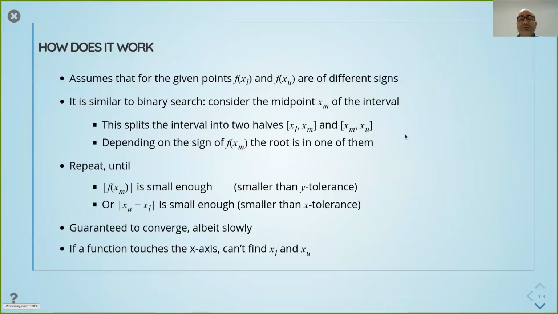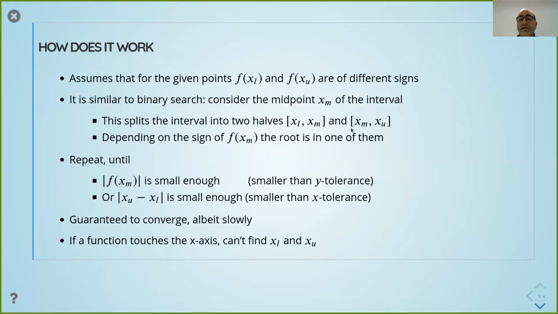Now, how do we do that? We simply need to make sure that the interval we're choosing has f of xl, f of xm, or f of xm, f of xu that are of different signs. By the way, if at xm we hit exactly 0, then we're done. This is great. If f of xm is 0, then xm is the root, or if f of xm is pretty close to 0, then actually we can stop.